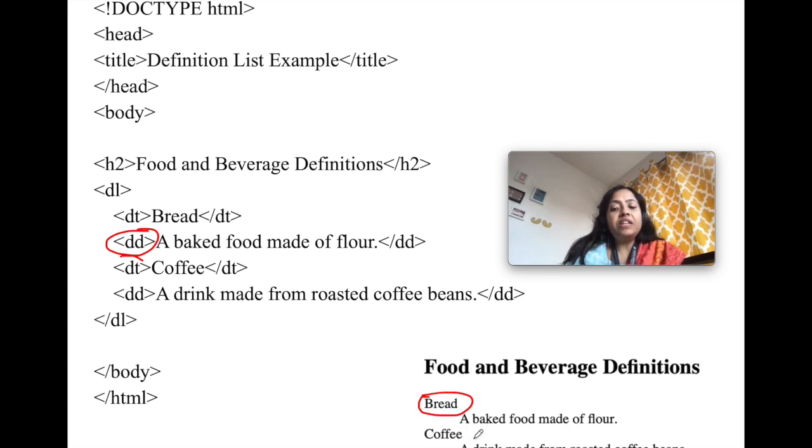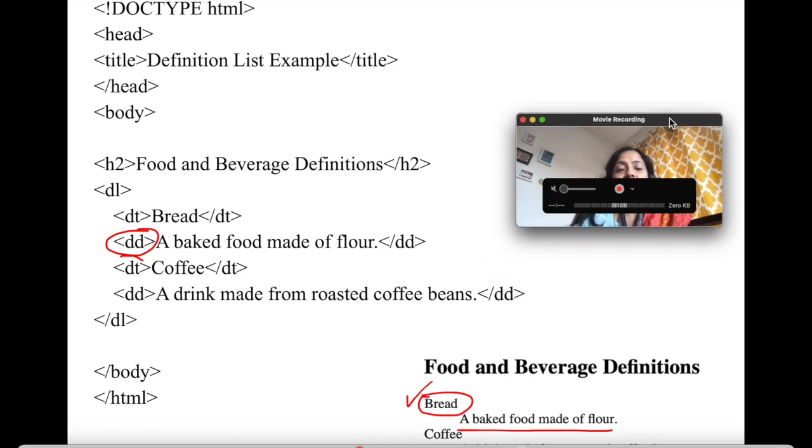Second of all, DD is slightly indented as compared to the DT. So it is similar to a dictionary term, where this can be thought of as a word, and this is the meaning of that word.